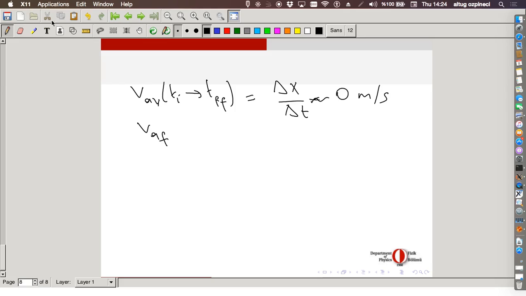What is the average velocity from T initial to T final?